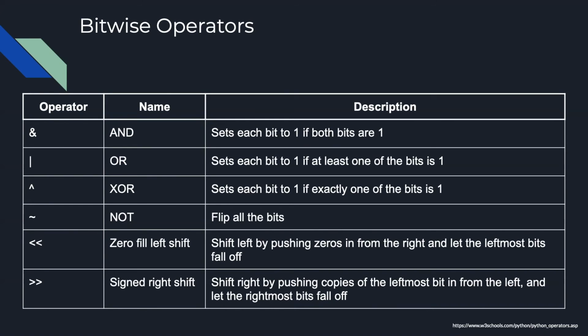So binary is just that format. Everything's ones and zeros in a computer. You can operate on those ones and zeros if you have a deep understanding of how they are operating inside of your program. With these operators, they all operate on the bit level.